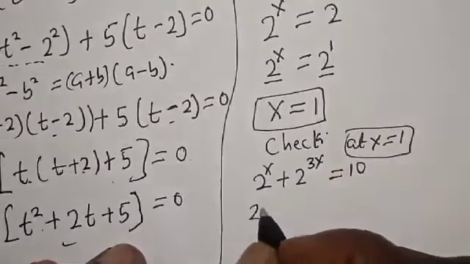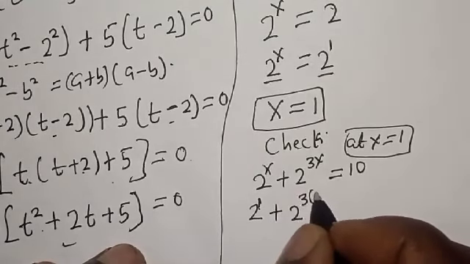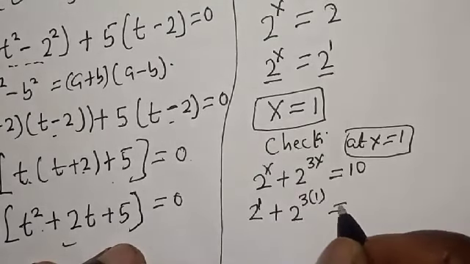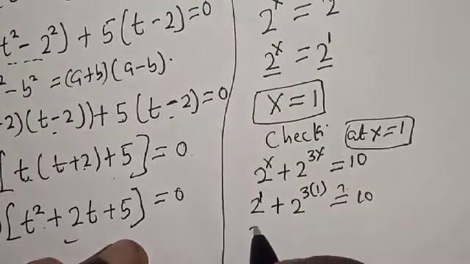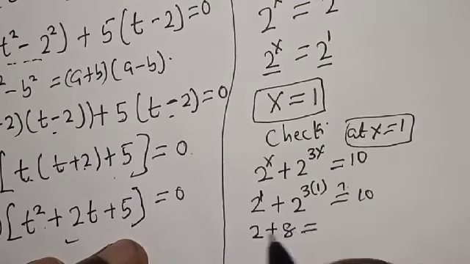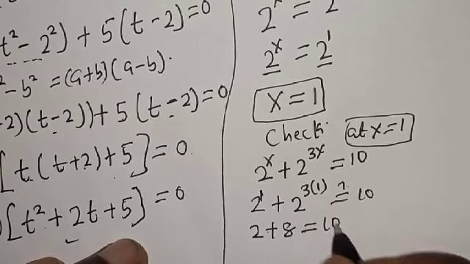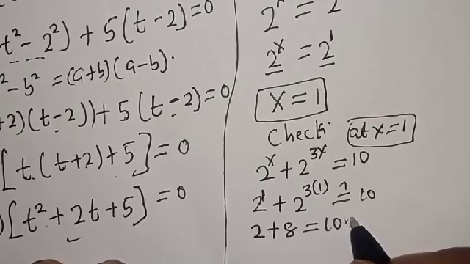Now 2 raised to power 1 plus 2 raised to power 3 into 1 must be equal to 10. Let's see. 2 raised to power 1 is the same thing as 2, plus 2 raised to power 3, which is 8. And 8 plus 2 is equal to 10. Meaning that our answer is true.